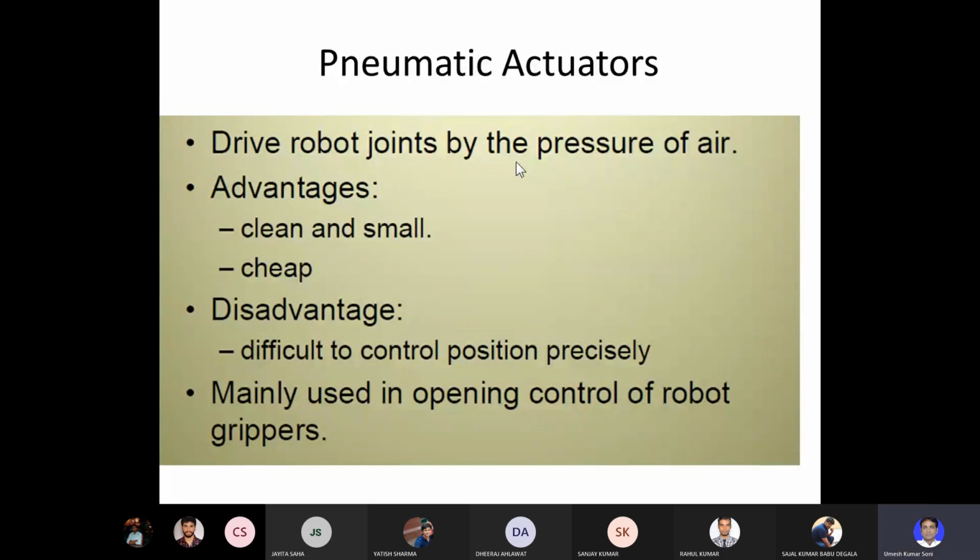Here you have also the pneumatic actuators. Pneumatic actuators are cleaner, but they need more locking system for the air pressure, and in both, actually a secondary pressure or hydraulic pumping unit is needed.